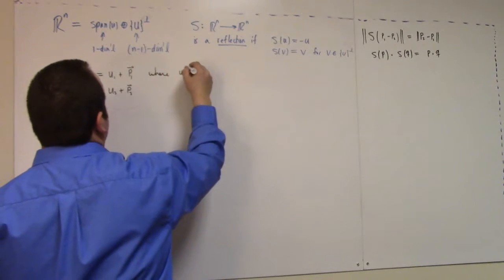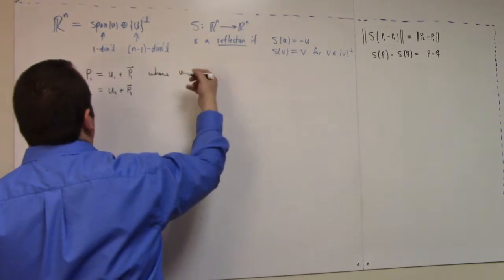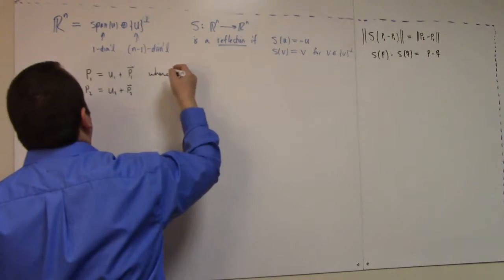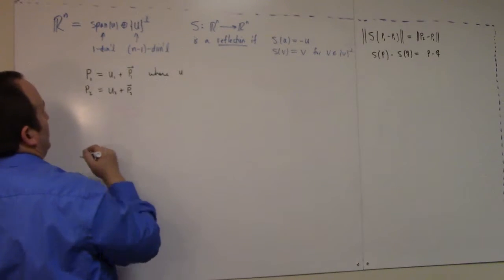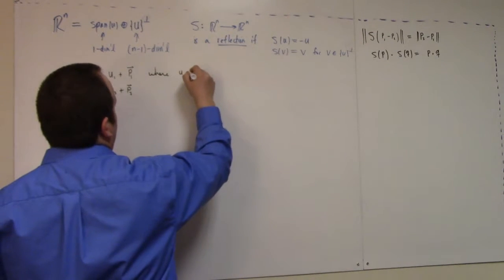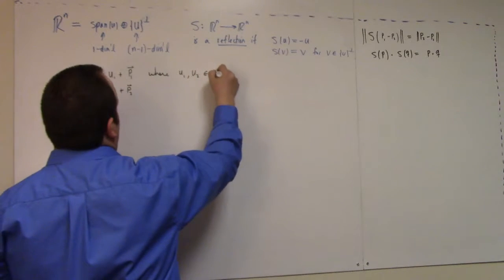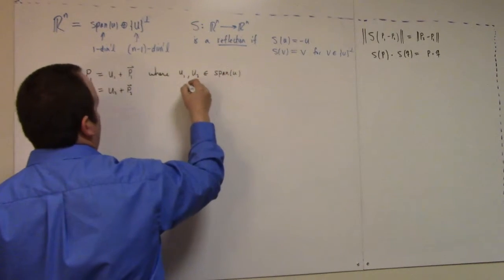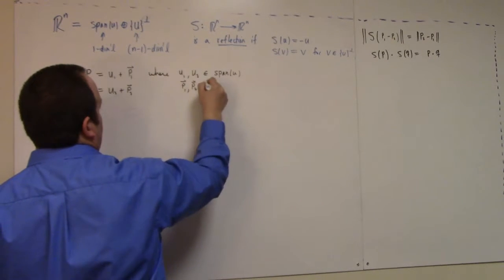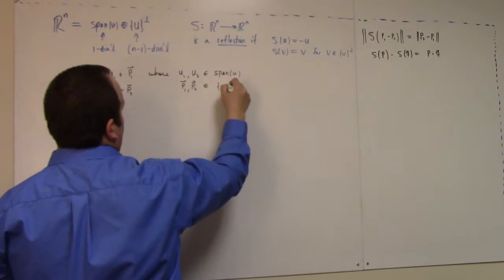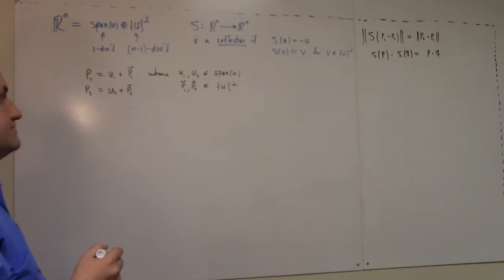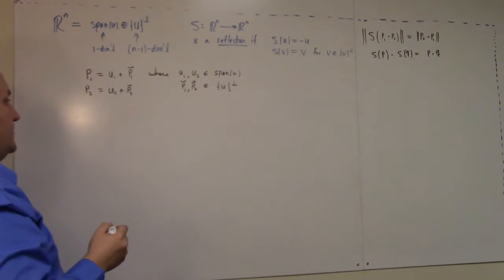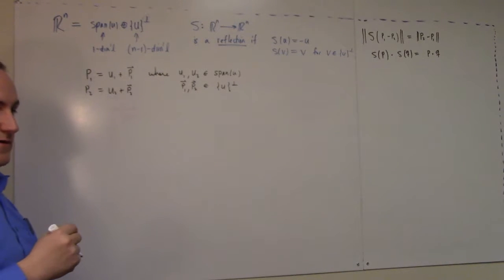where U1 and U2 are elements of the span of U, and P1 and P2 vector are elements of the perp. So in particular, that means that these dot products, U1 dot P1 vector and U2 dot P2 vector and so forth, are 0.